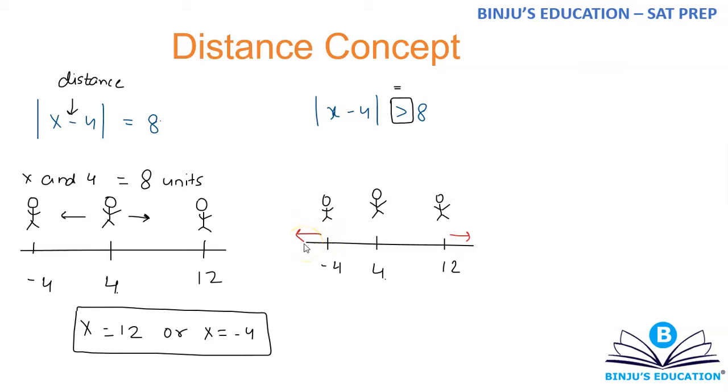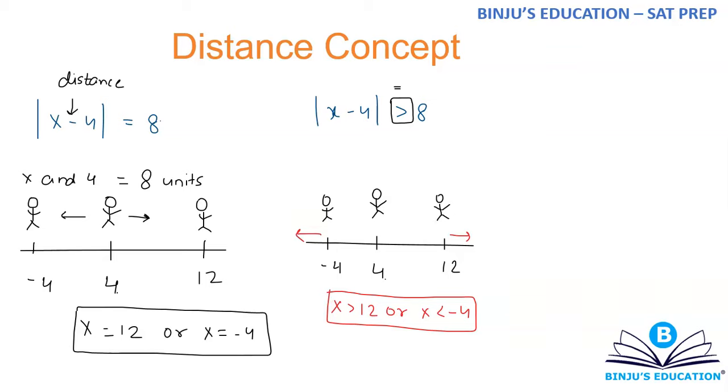Again, it's about distance, guys, remember that. So in order to have a distance greater than 8 units from 4, I need x greater than 12, or I need x less than -4. These are the two values of x, simply using the distance concept, nothing else.